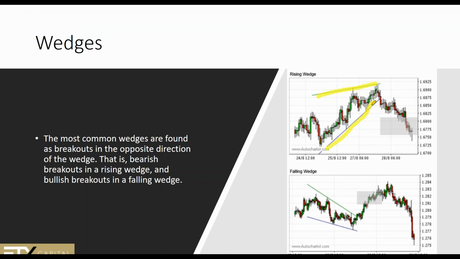And what you're doing is you're having price move into congestion here, but as the trend is moving up, it suggests that it's going to break out because the buyers and sellers are leaving the market, and there's some uncertainty, but there's no guarantee. You need to use it with secondary support, but it's usually a bearish breakout. Opposite in a falling wedge, which occurs in a downtrend, the opposite thing is a bullish breakout.